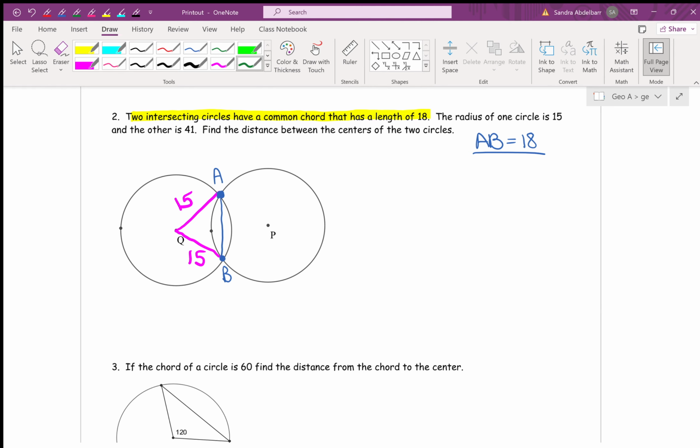Now I'm going to go to the larger circle. And the larger circle has a radius of what? Any ideas? Go back to the problem. The larger circle has a radius of 41. Where do you think I'm going to draw the radii of the larger circle to be strategic?